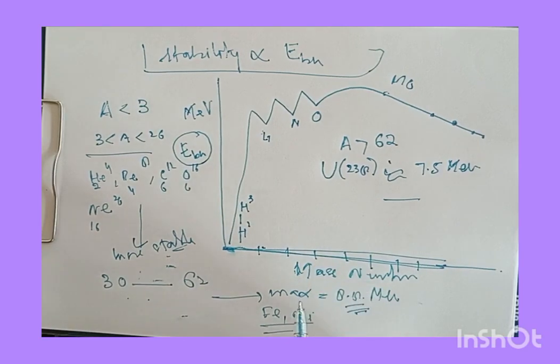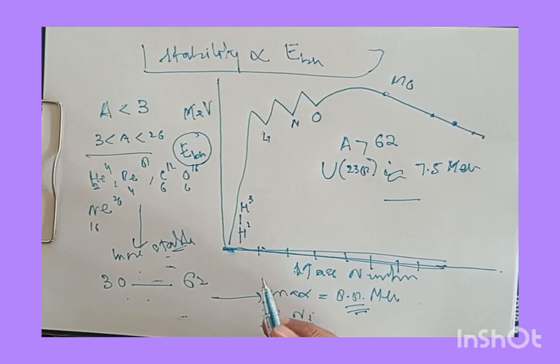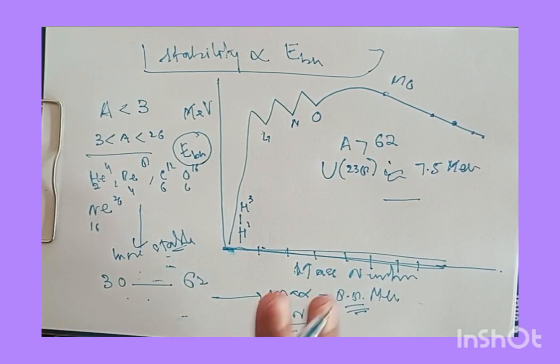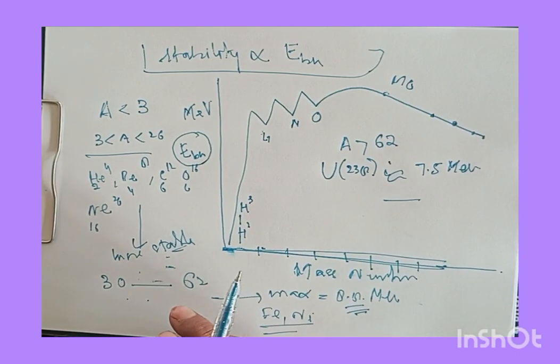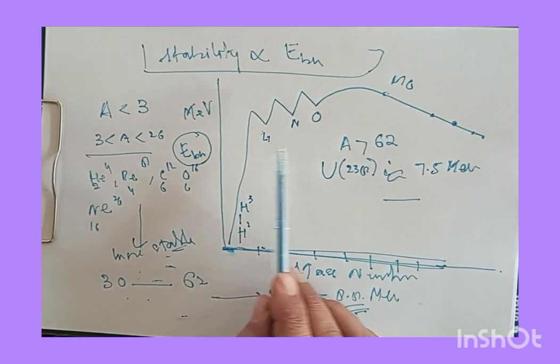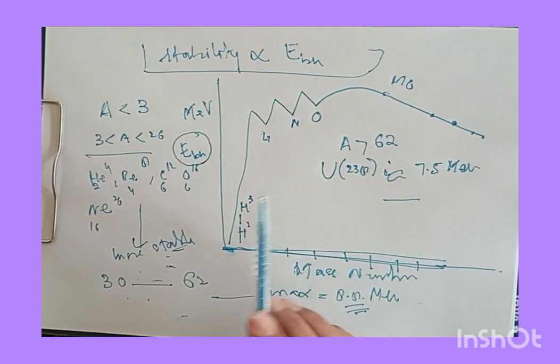Now, to conclude, this graph is giving a rough idea that the intermediate nuclei have a large value of binding energy per nucleon, so they are more stable.